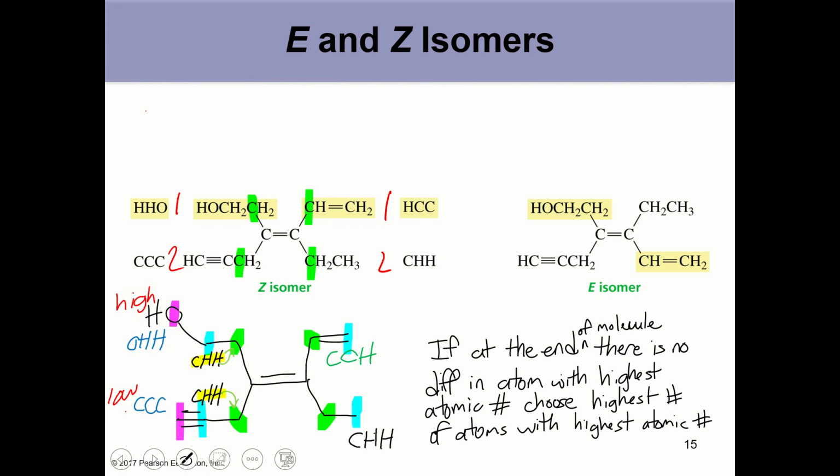And so we can say that having 2 carbons of atomic number 6 is better than having 1 carbon of atomic number 6, because we're not going to have an atom of higher atomic number. We can see that there's no heteroatom. So we're going to label the top group as high and the bottom group as low.